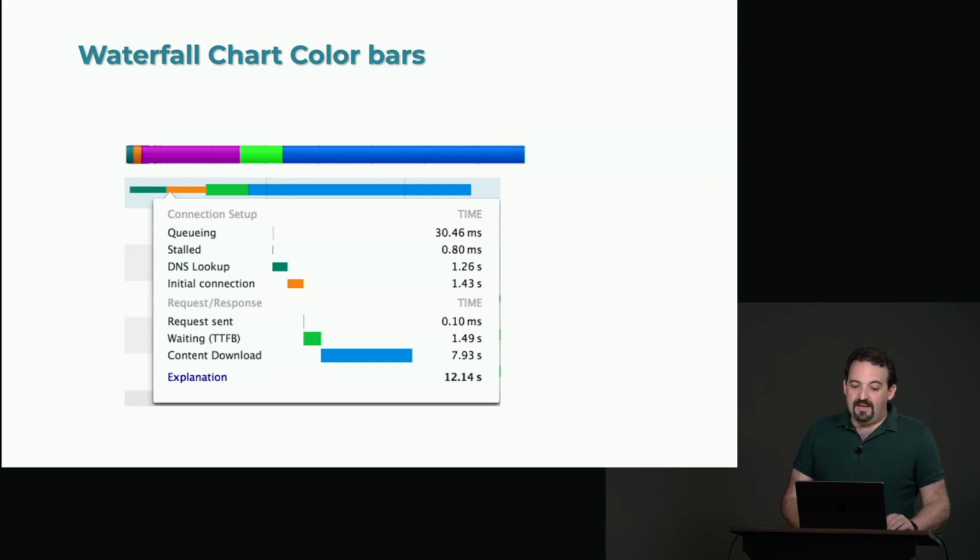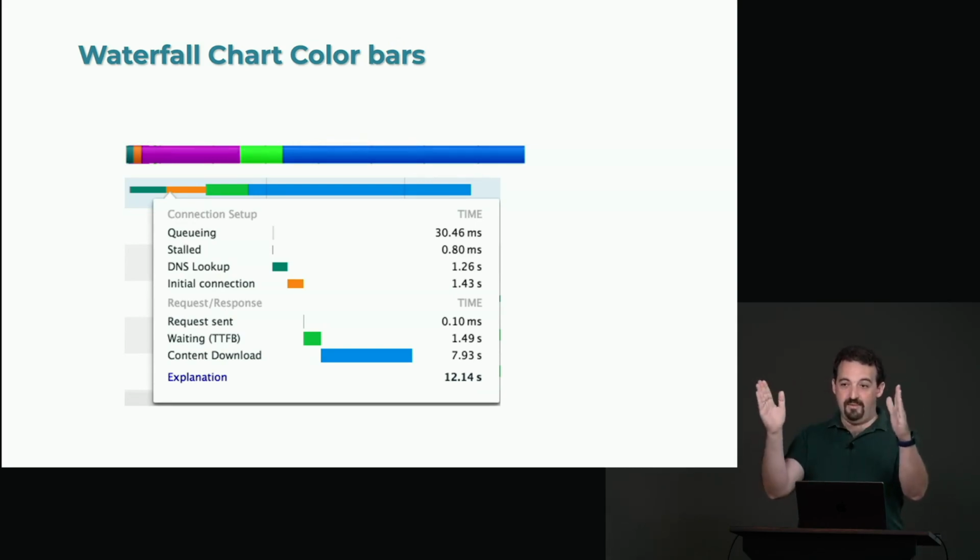These charts typically have bars in different colors. Unfortunately, we don't have a standard for colors, so each tool will give you a different color for the same thing. Each bar, for example here we see green, then orange, then violet, then another light green, and then blue, shows me different parts of the loading process over time. We'll get into the details on that.